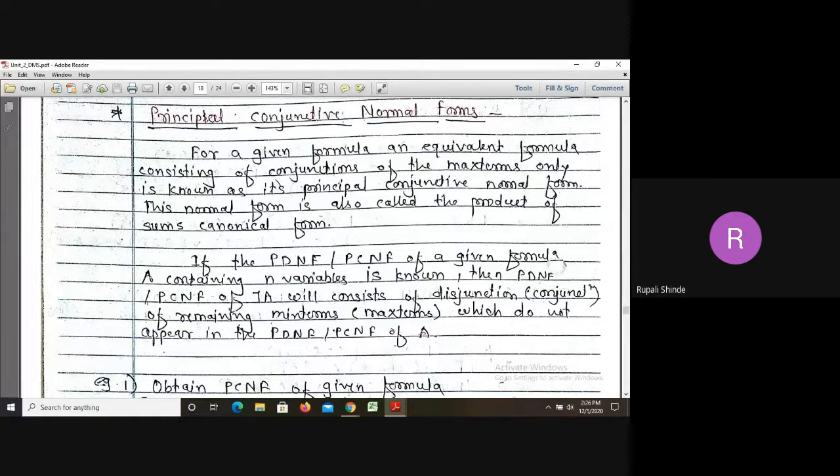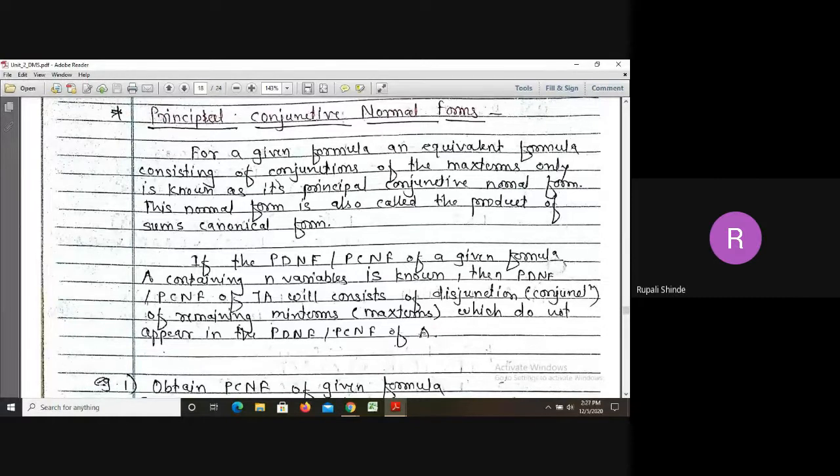म्हणजे काय, सपोज जर तुमच्याकडे पीडीएनएफ असेल आणि त्या पीडीएनएफ मधून तुम्हाला पीसीएनएफ काढायचं असेल तर काय करायचंय, पहिला त्या पीडीएनएफ मध्ये ऑब्झर्व करायचं की कुठले टर्म्स आहेत. सपोज तुमच्याकडे 3 व्हेरिएबल्स असतील त्या फॉर्म्युलामध्ये, तर टोटल तुमचे मिनटर्म्स किंवा मॅक्स टर्म्स किती येणार आहेत, 8 येणार आहेत.